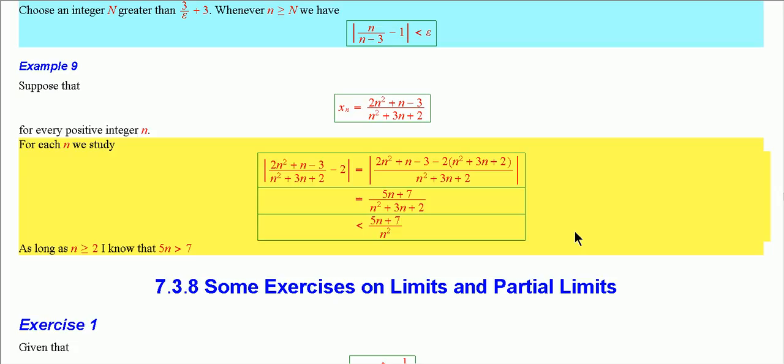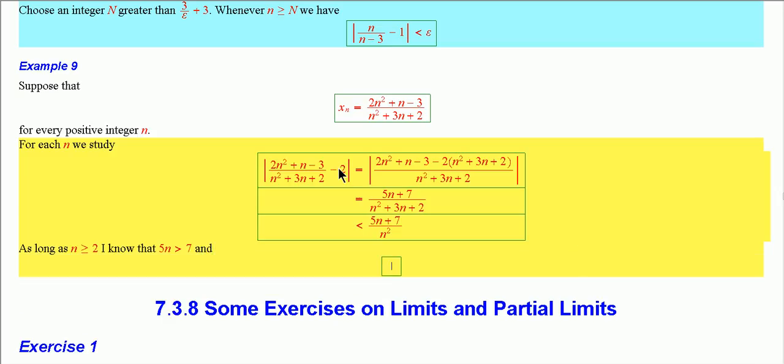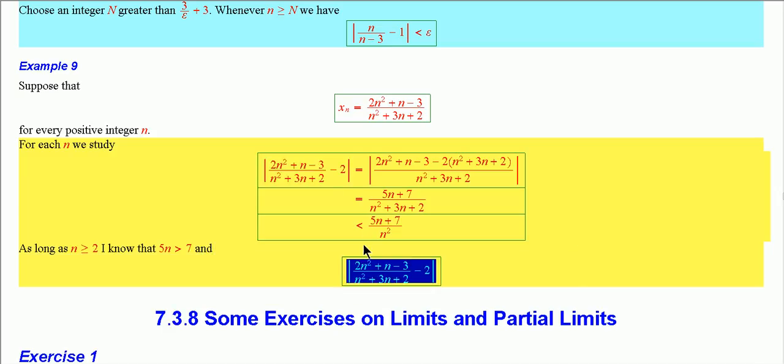Okay, so I've got news for you. If I come back to this expression, which is already known to be less than that, you understand? If n is at least 2, 5n is more than 7. So if I write, instead of 7, if I write another 5n, haven't I put more?